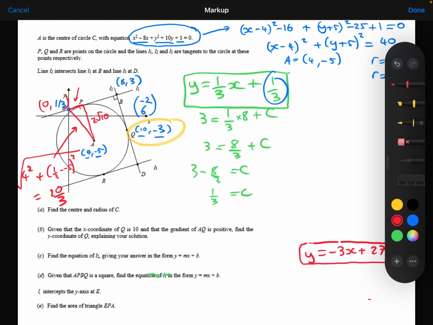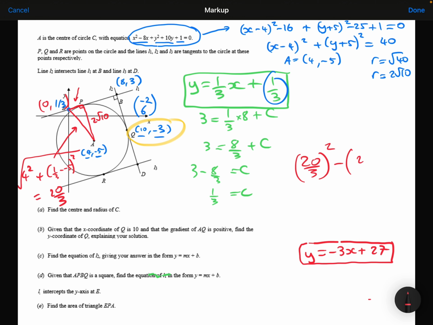I can now work out this short side of the triangle over here with a little bit of Pythagoras. So 20/3 squared, that's the hypotenuse squared, take away the shorter side, the 2√10 squared, all square rooted. And that gives me 2√10/3. So that is the short side of this triangle.